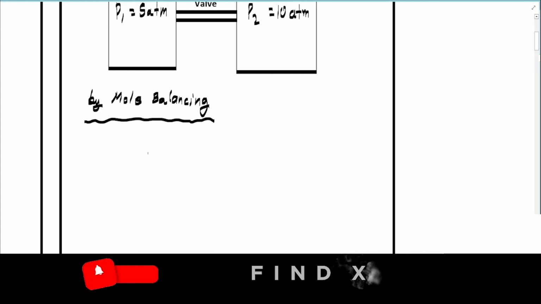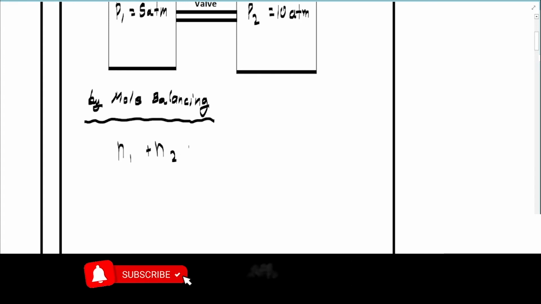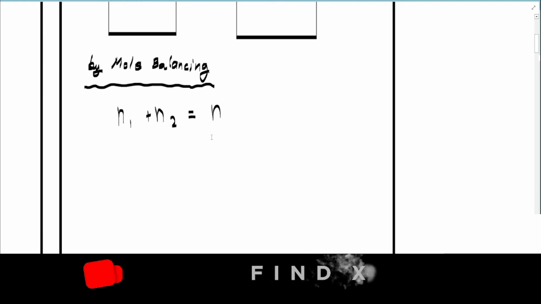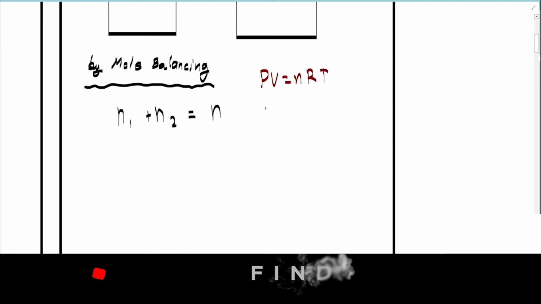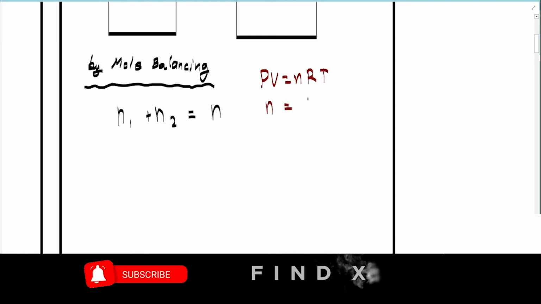And the method that we can use here is by mole balancing, of course. Okay, so considering the givens, we can have here n1 plus n2 is equal to n. n1 and n2 are the number of moles in the respective tanks, of course, right? And n1 is the first tank, n2 is the second tank. And let's say that n is the total number of moles.